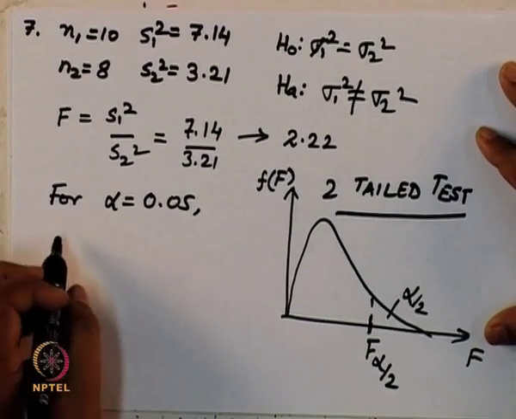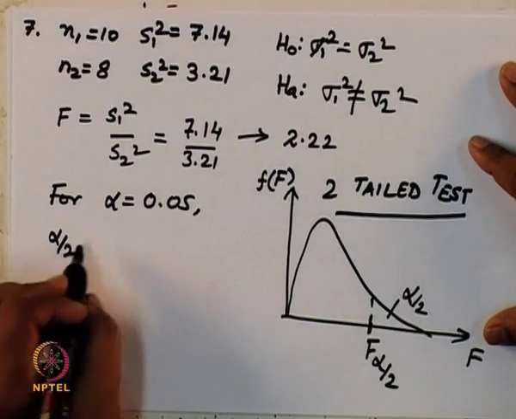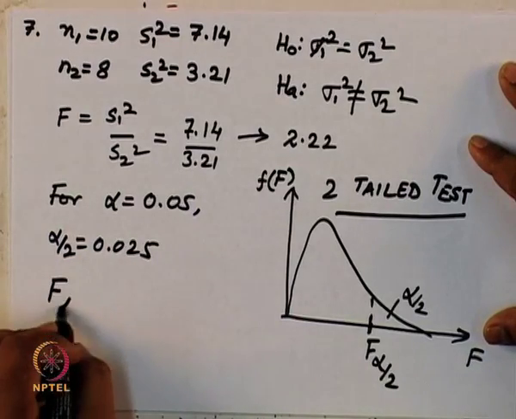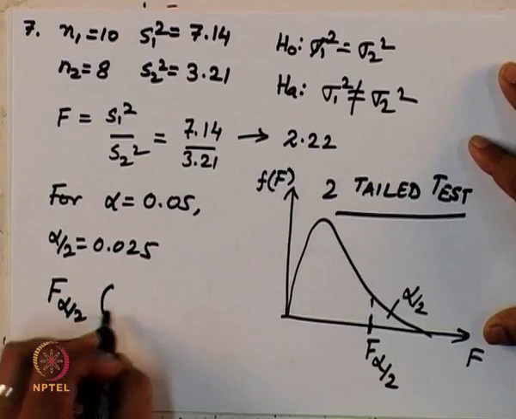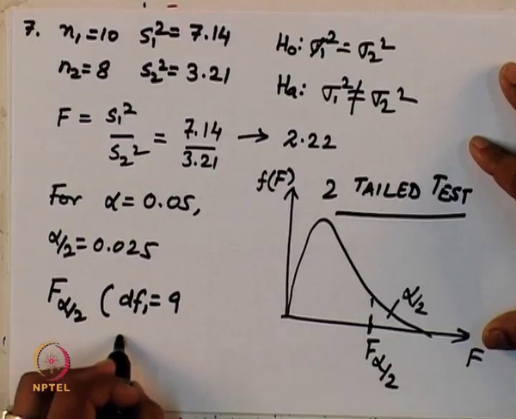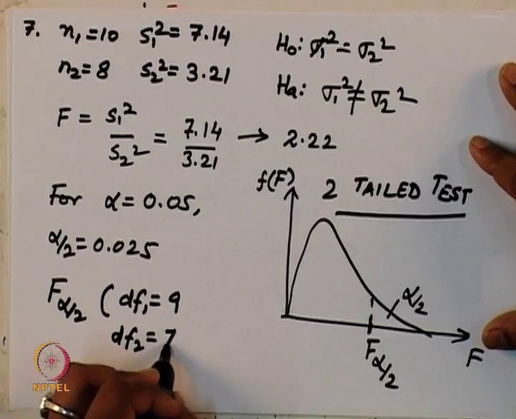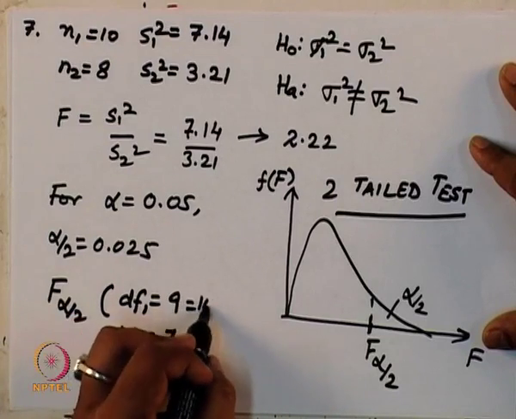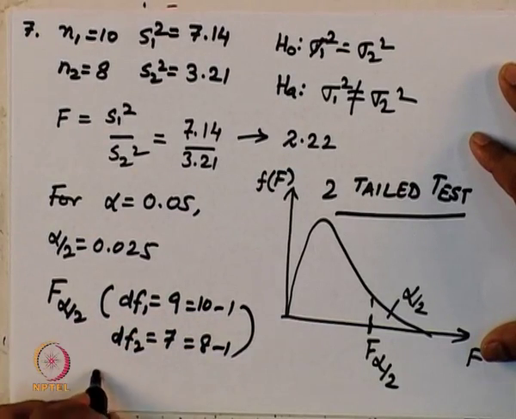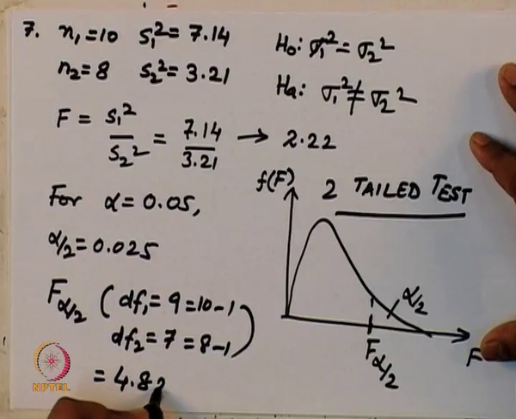So for alpha by 2, in this case alpha by 2 is equal to 0.025, you will look up the value of F of alpha by 2 corresponding to df1 equal to 9 and df2 equal to 7. 9 is 10 minus 1, this is 8 minus 1. So this F of alpha by 2 is 4.82.